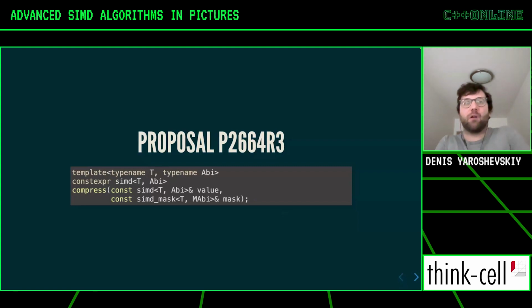What about the proposal? In the proposals, they have a function called compress. As I mentioned, there are cases where this compress function will not be efficient. However, they think they can optimize something.